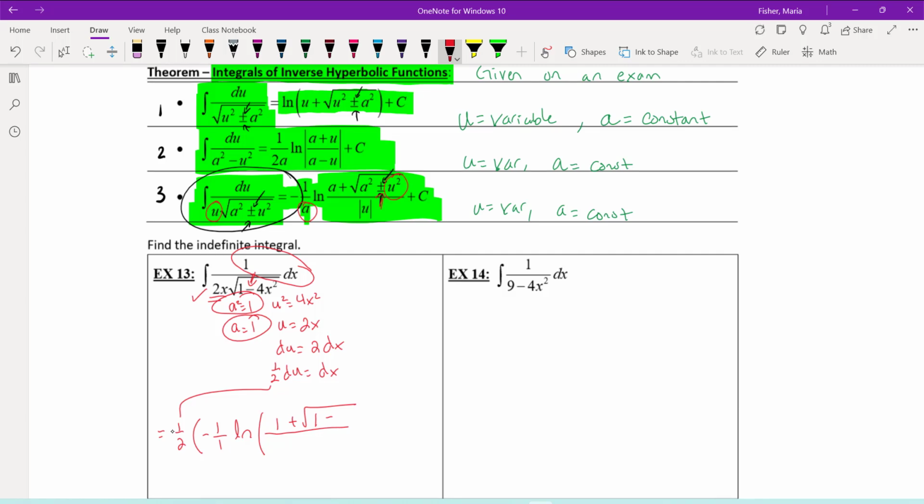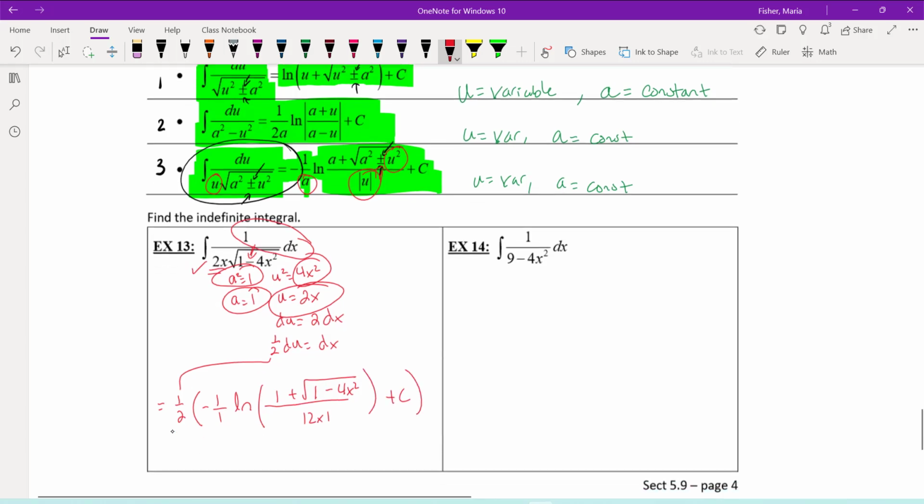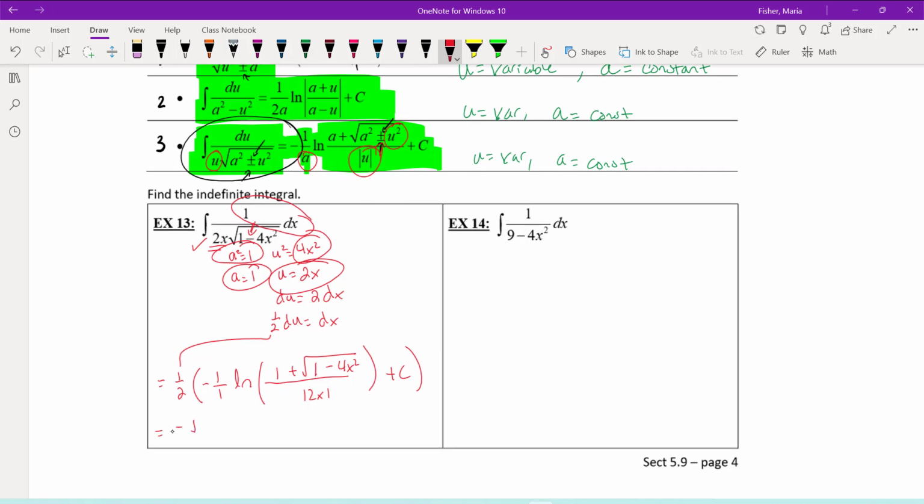And then u squared, which is 4x squared, all over the absolute value of u, so the absolute value of 2x, and then plus c. Finally, just distribute where you can, and you end up with negative 1/2 times the natural log of 1 plus the square root of 1 minus 4x squared all over the absolute value of 2x plus c.